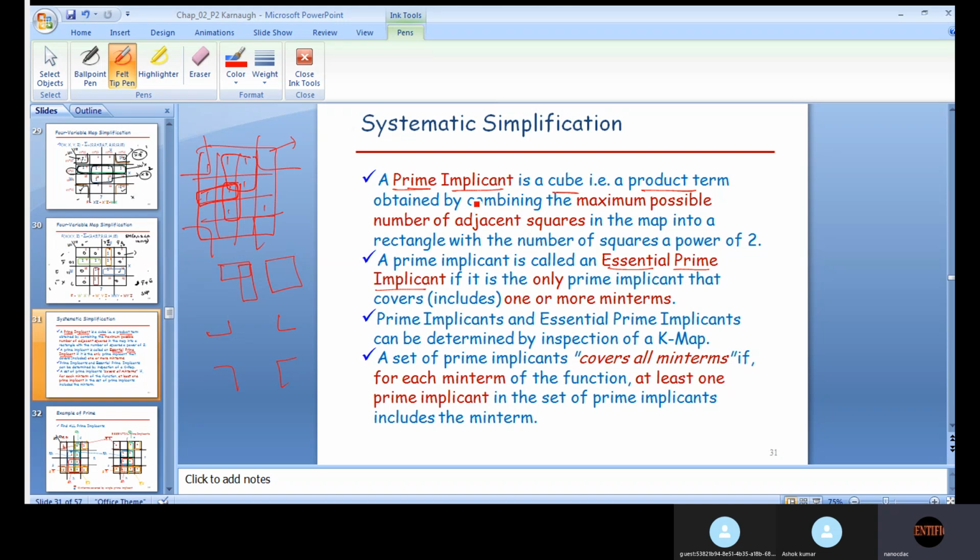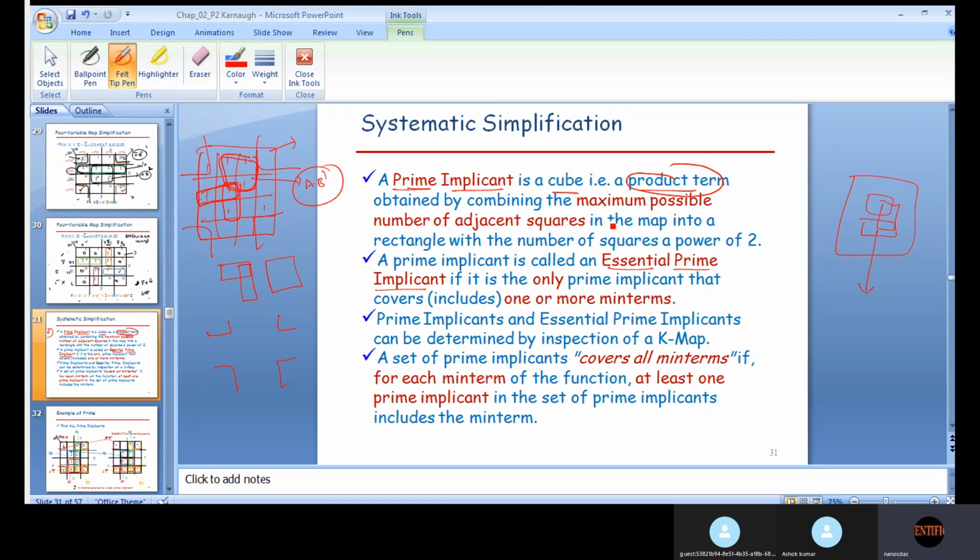They are called prime implicants when you are combining the squares and writing some logic. Okay, it is a cube, that is a product term. Okay, prime implicant is nothing special, it is a product term. It is obtained by combining the maximum possible number of adjacent squares. Now, how we write the product term by combining adjacent squares, that is called a prime implicant.